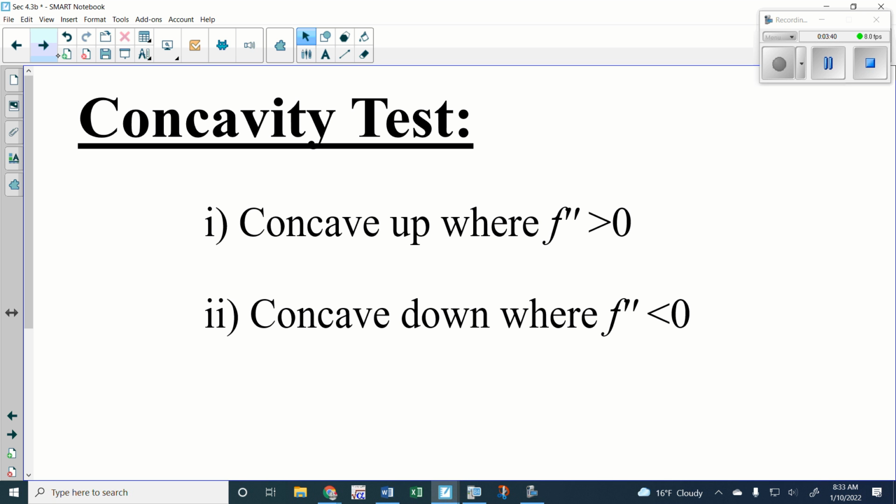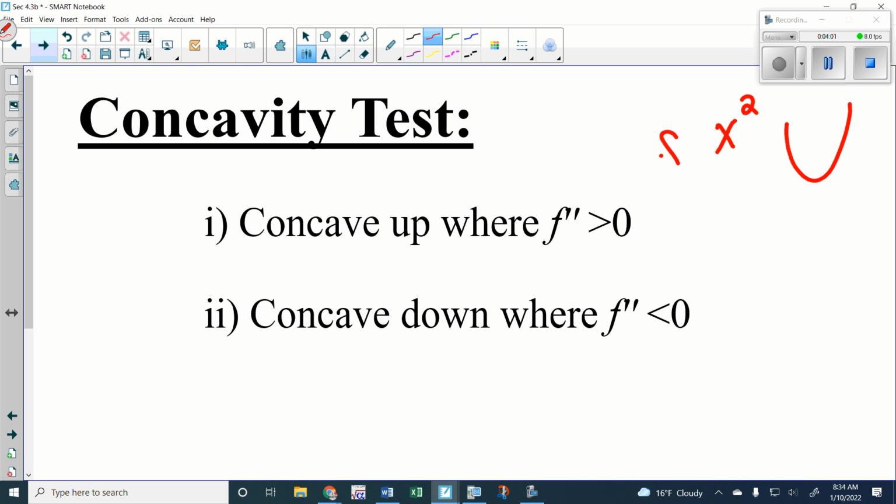Now, here's how I remember this. I think of this all based on x squared, because you all know what x squared looks like. It's concave up.